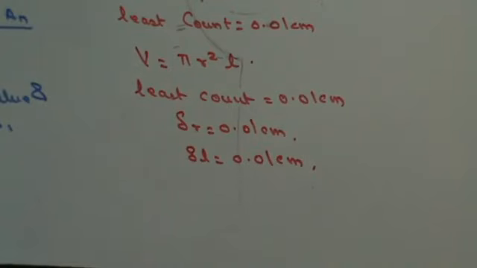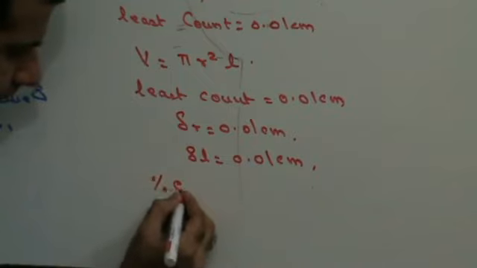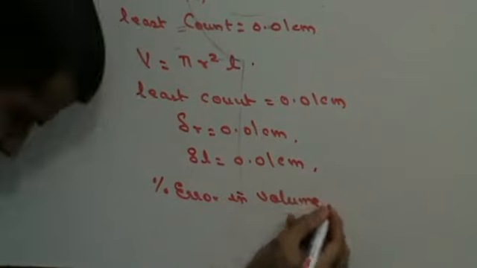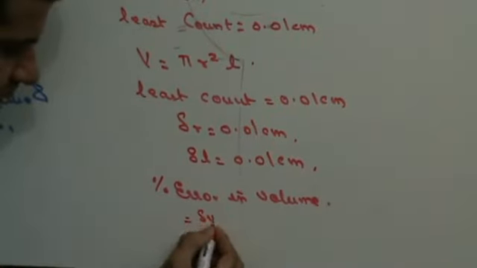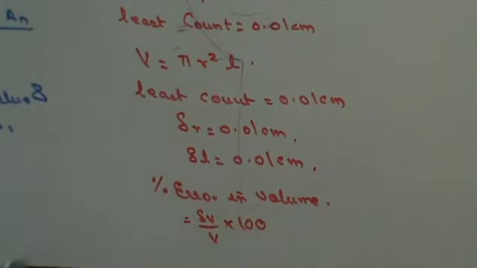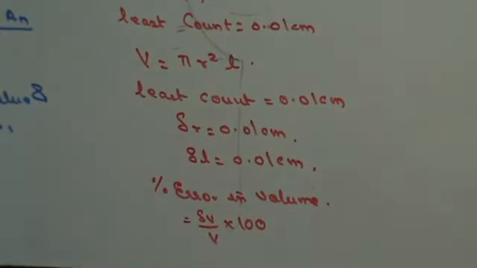Now, I can say that percentage error in volume is error in volume upon volume into 100. If I'm going to be measuring the volume, what are the various things that I'm going to be measuring? Volume, guys, we've said is r square L. That means I'll be measuring the radius twice and the length once. Every time I measure the radius, there is going to be an error because of the limitation of the instrument.